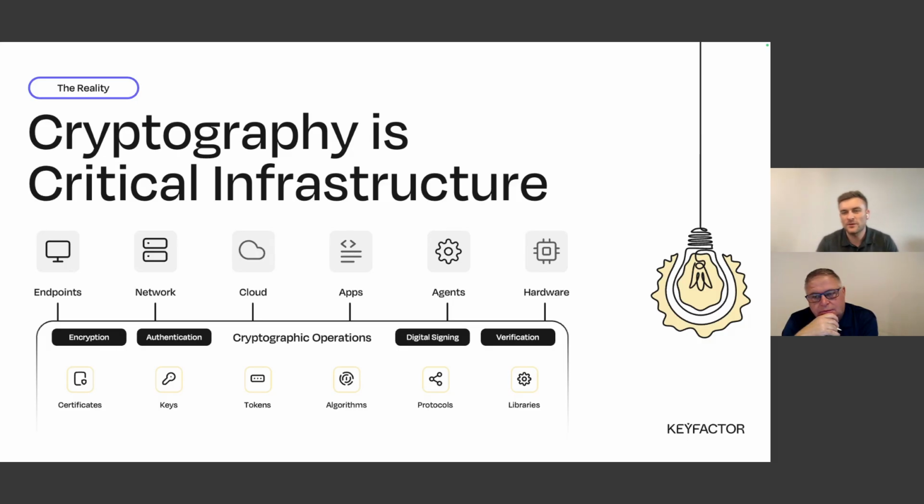They're all quietly working behind the scenes to do exactly what I was talking about earlier: secure those connections, verify identities, and most importantly, protect data. If you're on this call, you're probably familiar with at least one or two of these. Maybe if you're in network security, that might be protocols. If you're in identity, you're familiar with certificates. But if you ask the average IT or security practitioner, most aren't deeply versed in all of the moving parts of this cryptographic engine.